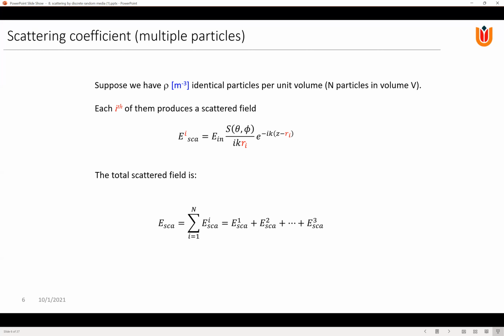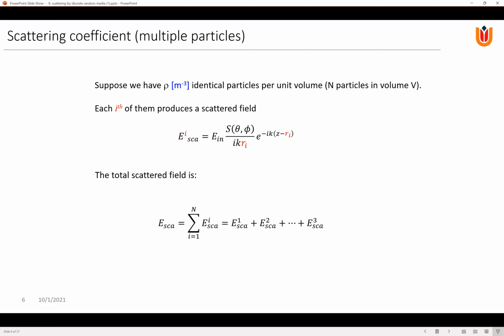The proper way to calculate what we would detect at the detector is this: the detector measures intensity. So we would first calculate the scattered field, square that, and then we get the intensity. So the first thing we need to do is calculate the scattered field for all these particles. Again, the superscript E is denoting the particles.